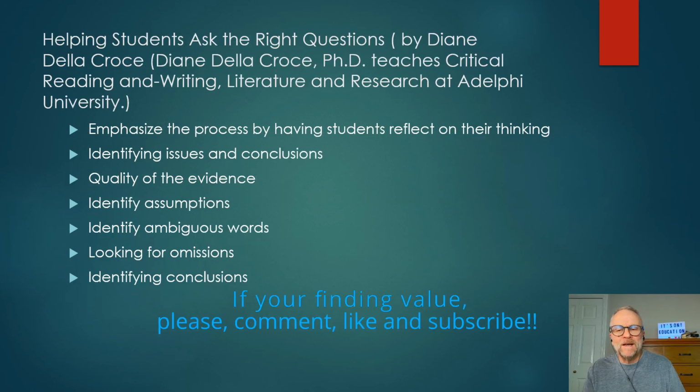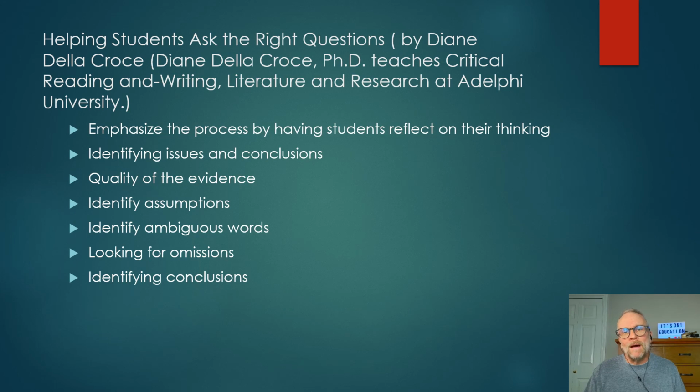Okay, so she says here that you need to help the students ask the right questions. Teachers should, and this is one of the things with this higher order, is that the students might not know necessarily what questions to ask, and so you'll have to model it. And I would model it with a separate activity or a separate set of data, and not use the data that the students have gathered to model it, because they'll just come up with the same thing that you do.